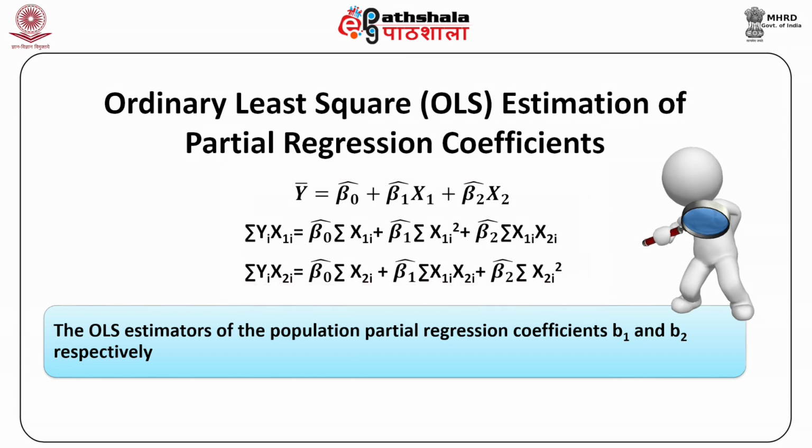From these equations, we get the OLS estimators of the population partial regression coefficients beta 1 and beta 2 respectively.